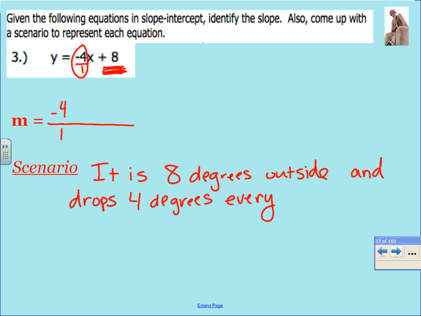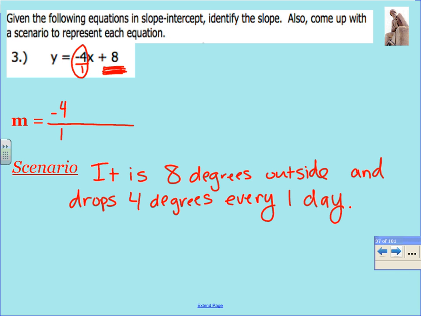every 1 day. That 1 on the bottom is extremely important that you add that into your scenario. So it starts with positive. It's 8 degrees outside. Our slope or rate of change was negative, so it's dropping 4 degrees every 1 day.